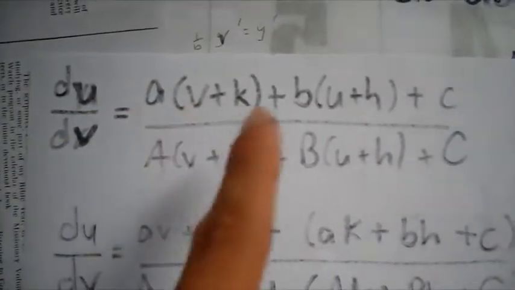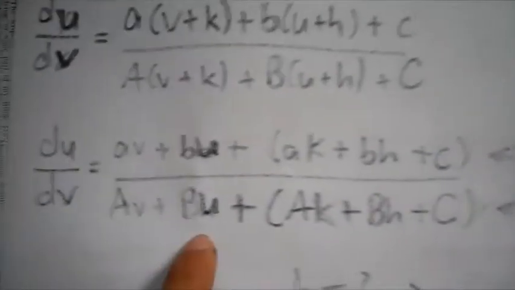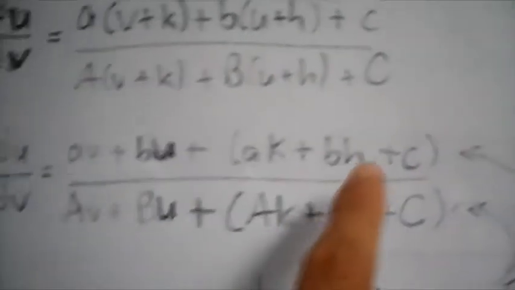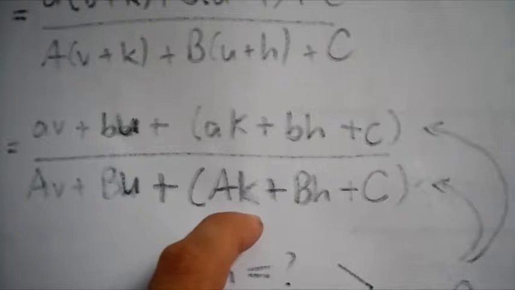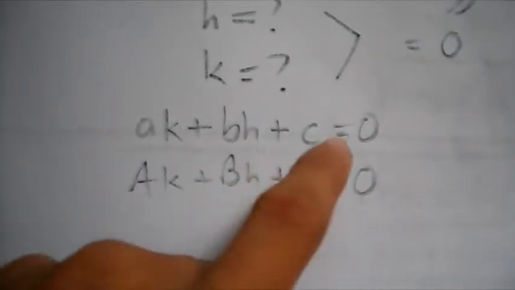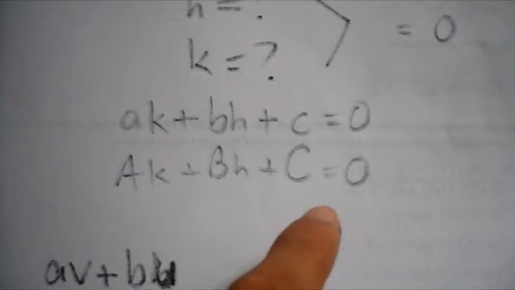By distributing the a's and the b's, we get this following term. In order for these terms in the parenthesis to become 0, we have to equate ak plus bh plus c, which is equal to 0, and uppercase Ak plus Bh plus C is equal to 0.